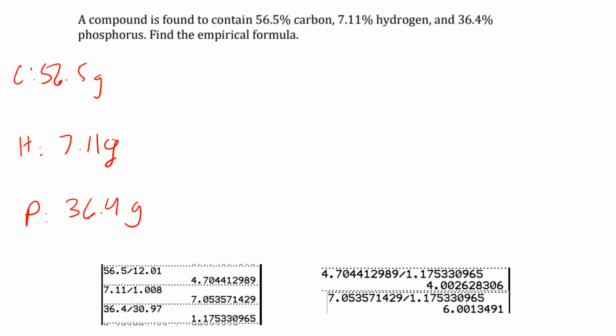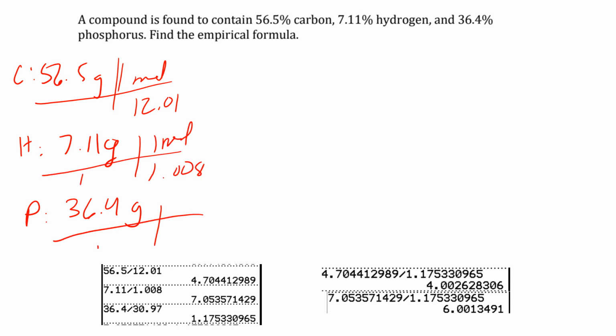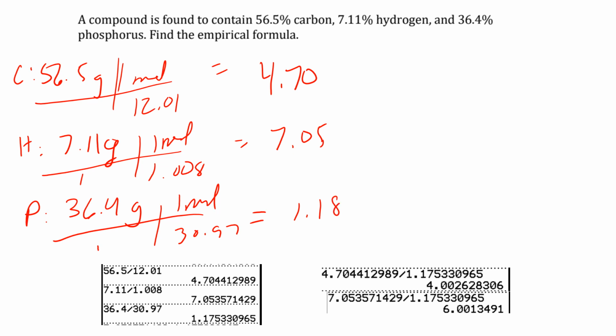Divide by the molar mass. Phosphorus should be 30.97. So you can see the calculations. We get 4.70 moles for carbon, 7.05 moles for hydrogen, and 1.18 moles for phosphorus, divided by the smallest number of moles.